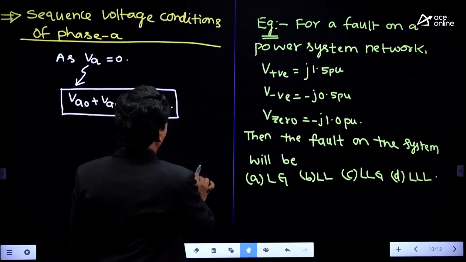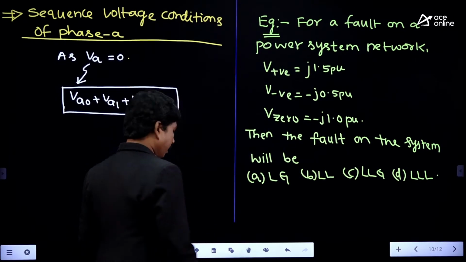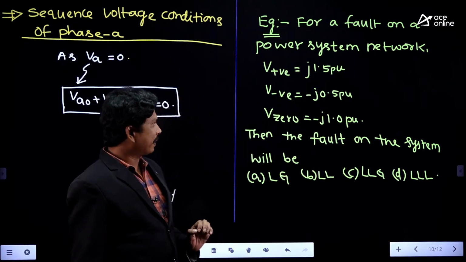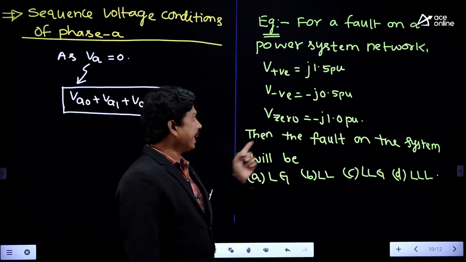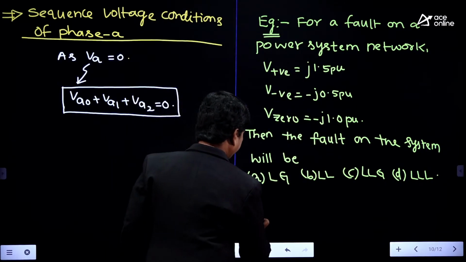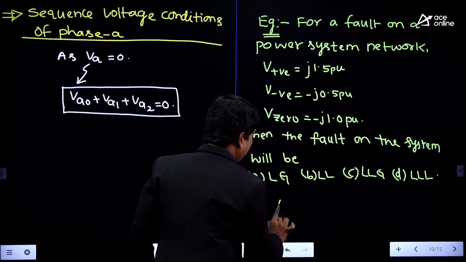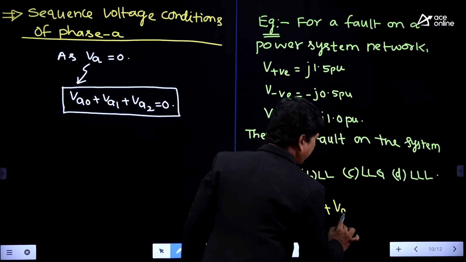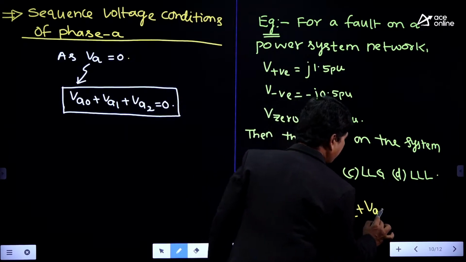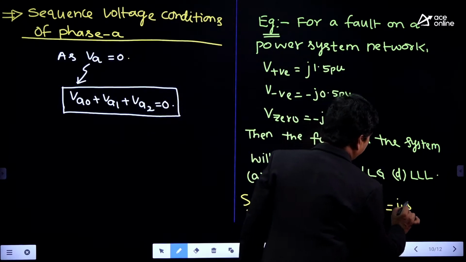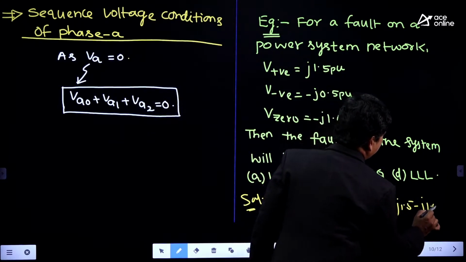Now in this question, check here, they have given the positive sequence voltage, negative sequence voltage and zero sequence voltage, and whenever you add them you get 0. So VA1 is the positive, VA2 is the negative, and VA0 is the zero sequence: j 1.5 minus j 1.0 minus j 0.5, which is 0.